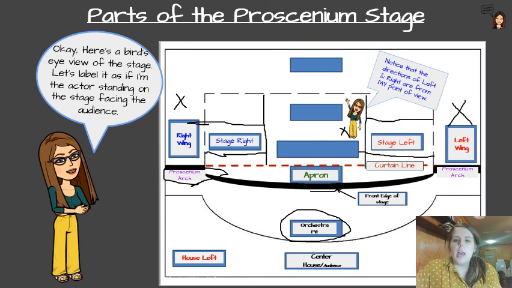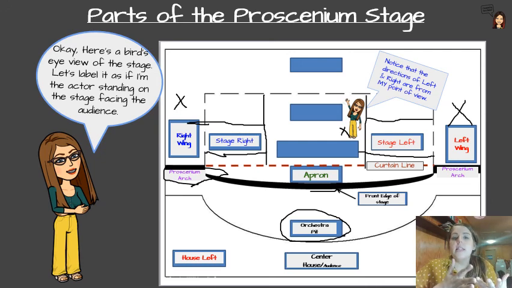So if an actor, say my little Bitmoji was an actress in the Italian Renaissance, and the director told her that she needed to go backwards, okay, she would literally have to climb up a hill, right, to go backwards. Say she was at the top of that hill, and then the director said you need to get closer to the audience.